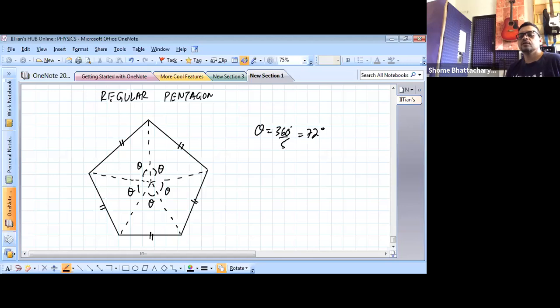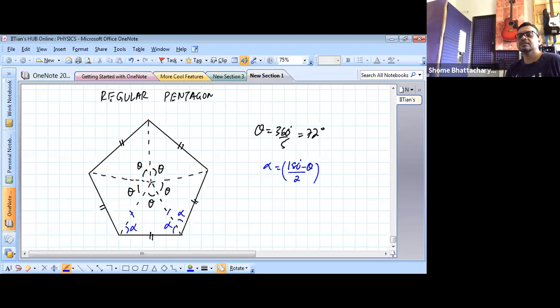Okay. And now because each of the triangles formed by the centroid with the sides are isosceles triangles, because this side is equal to this side, these angles are all equal. So alpha is equal to half of (180 minus theta). Okay.